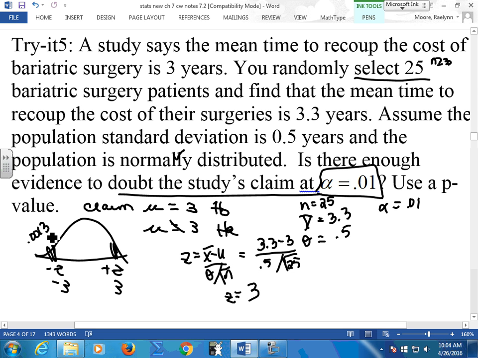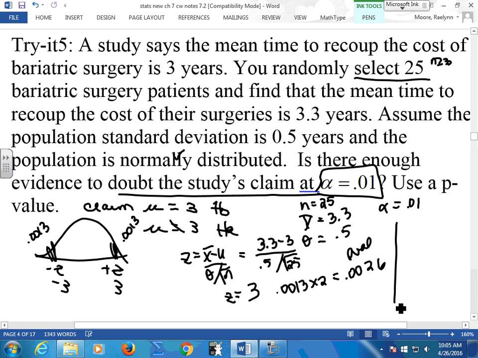Okay, now what? It's 2 tails. Now what do I do? Won't these both be the same? Multiply it by 2. So I'm going to take my area and I'm going to multiply it by 2 because I have 2 tails. Now, this is my p-val.